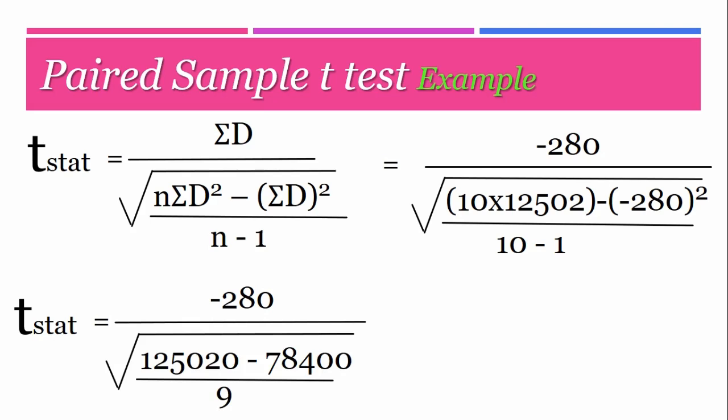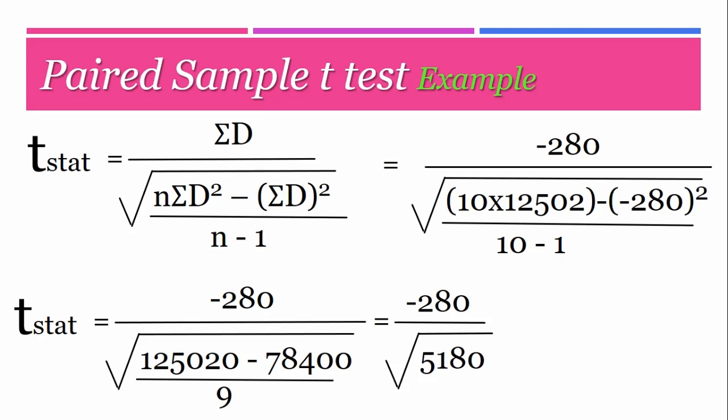Now we have written all the values in this expression. In the next step, we subtract 78,400 from 1,25,020. The obtained difference value we divide by 9. What remains with us is minus 280 divided by the square root of 5180.